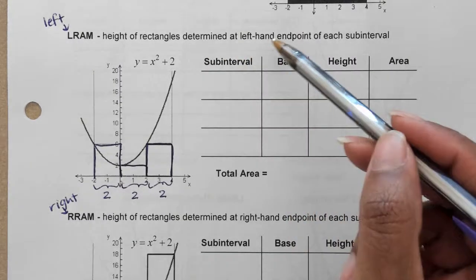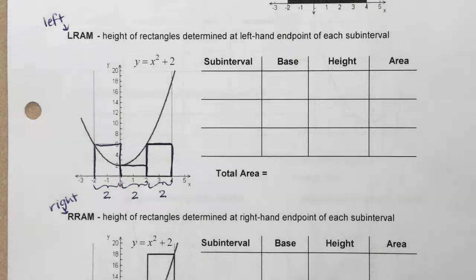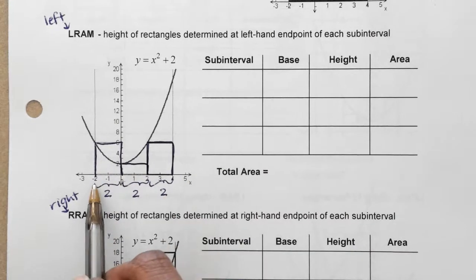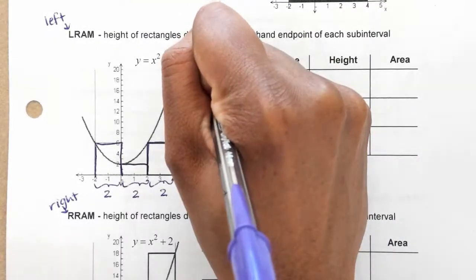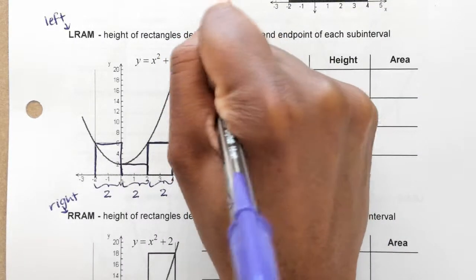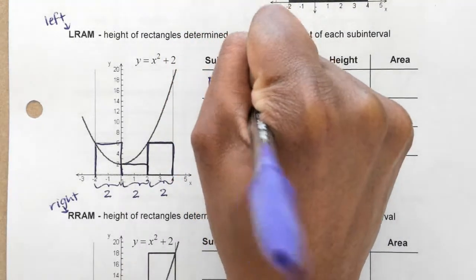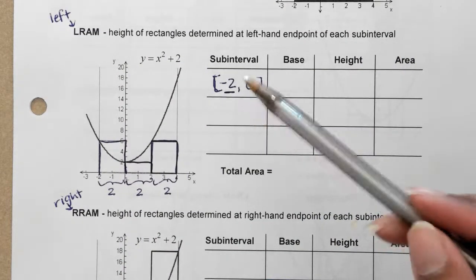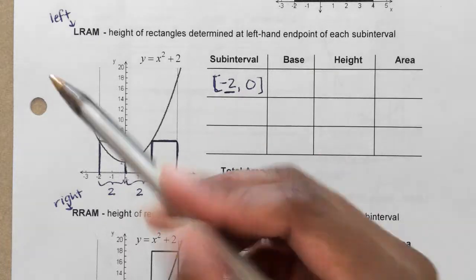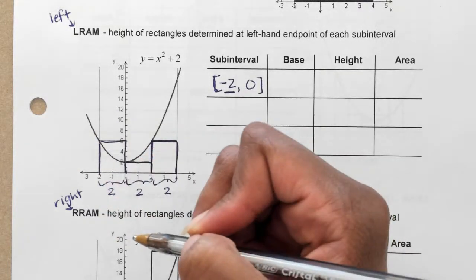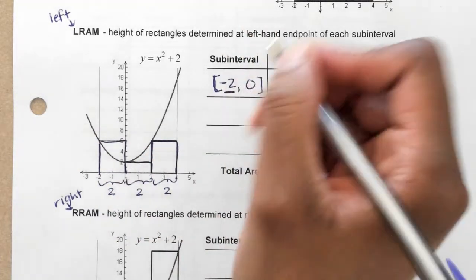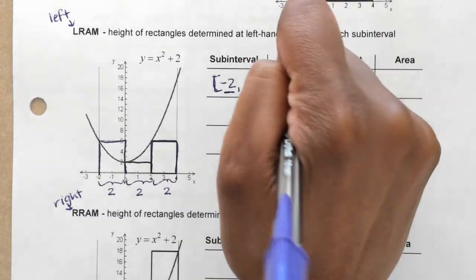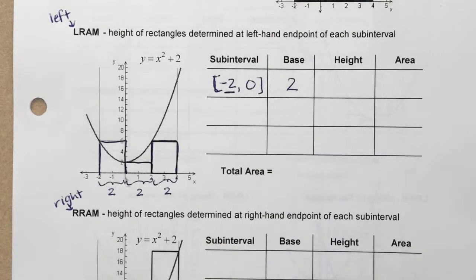When we say that the height is determined by the left endpoint of each subinterval, we mean that if my subinterval goes from -2 to 0, then I'm going to be using the value at -2 to figure out the height of this rectangle. I know my base of the rectangle is 2. That's how far apart my interval is.